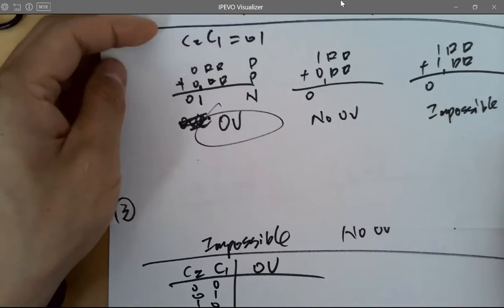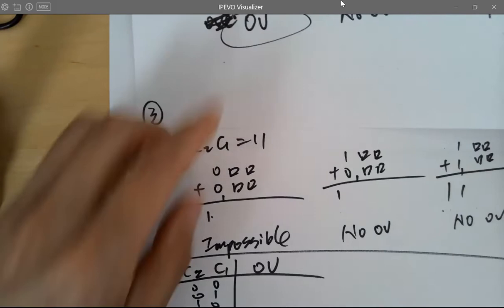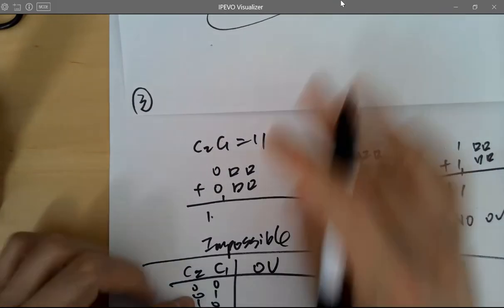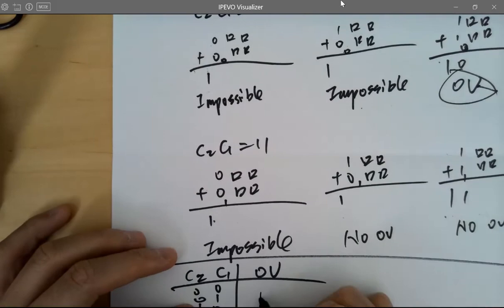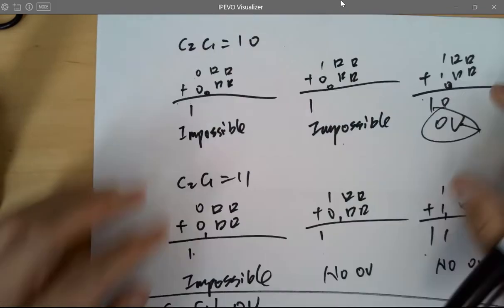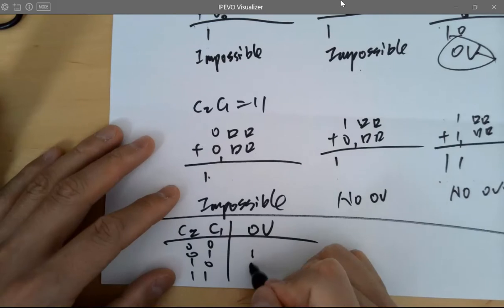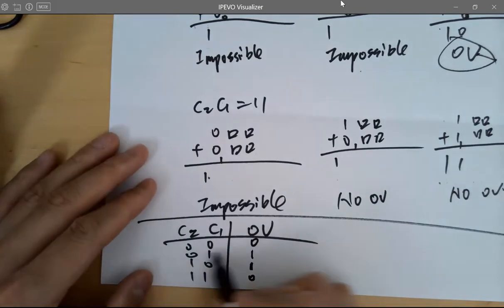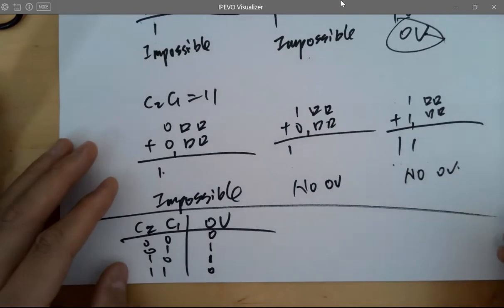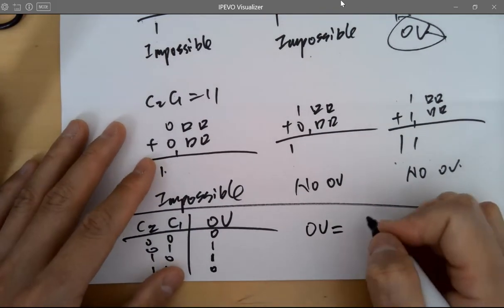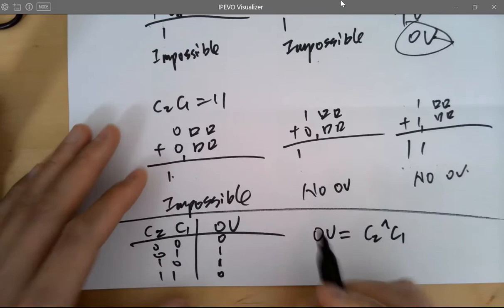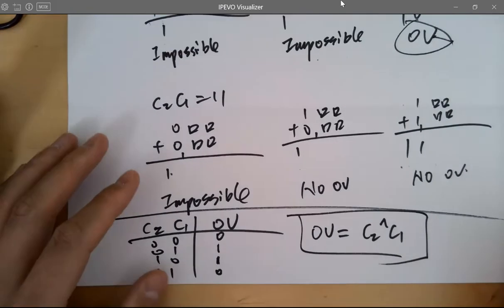It only happens when C2, C1 is 0, 1 and when C2, C1 is 1, 0. But in all the other cases, there are no overflows at all. So if you look at this logic, actually OV equals C2 XOR C1. That's the overflow indicator you want to get.